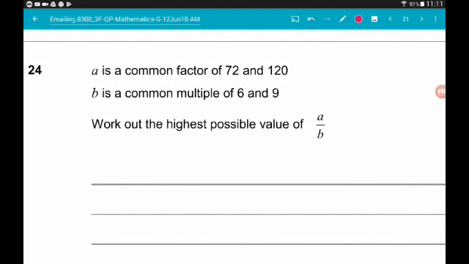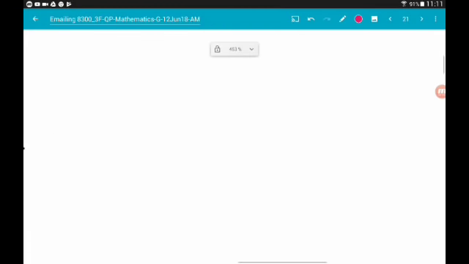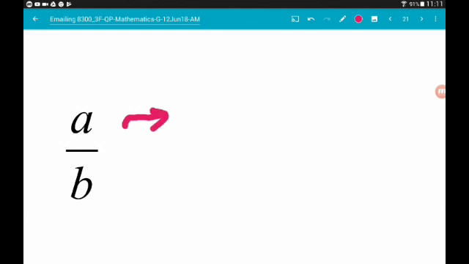So, for this fraction to take the greatest possible value, we want A to be as big as possible.